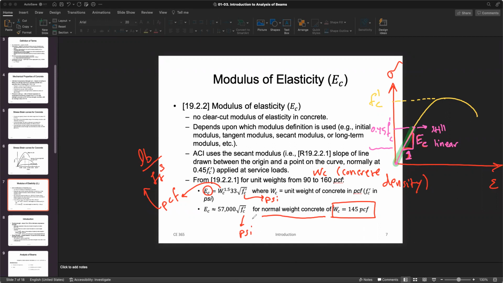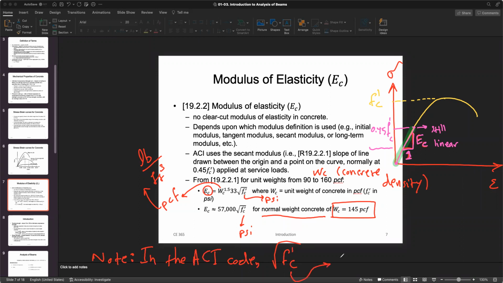All right. I want to give you a note here. In the ACI code, you are seeing this term a lot, right?